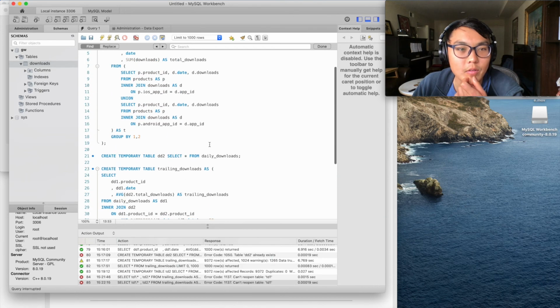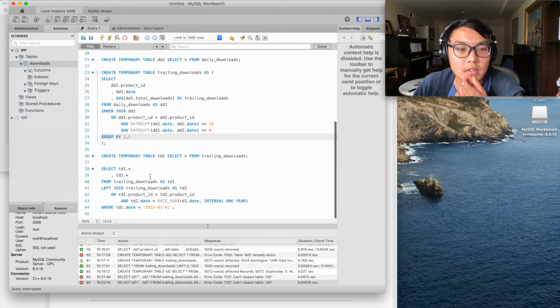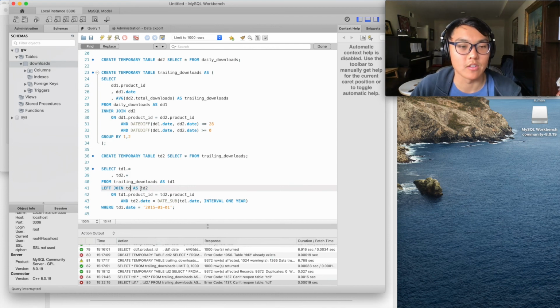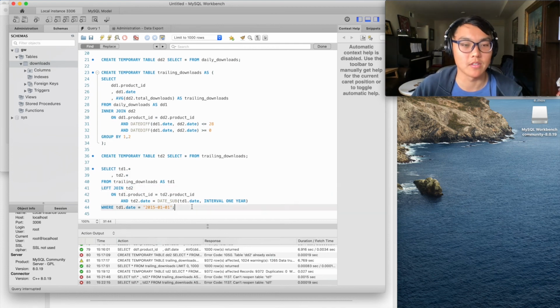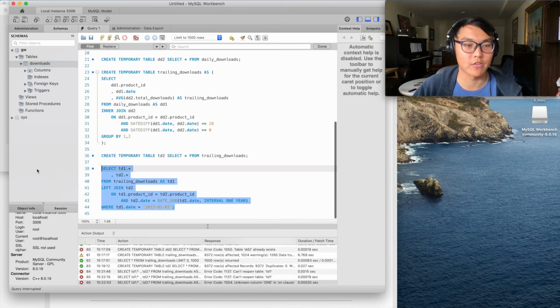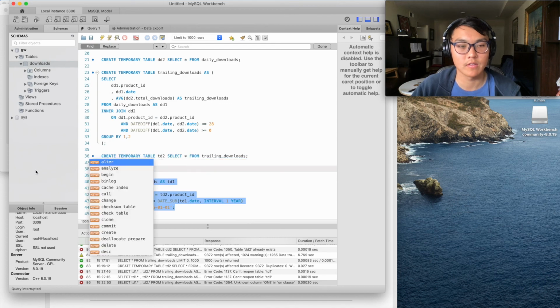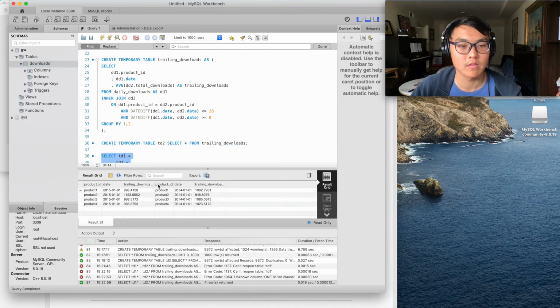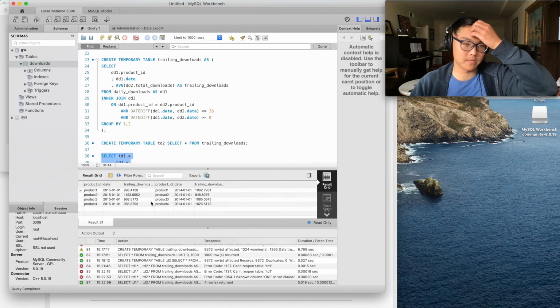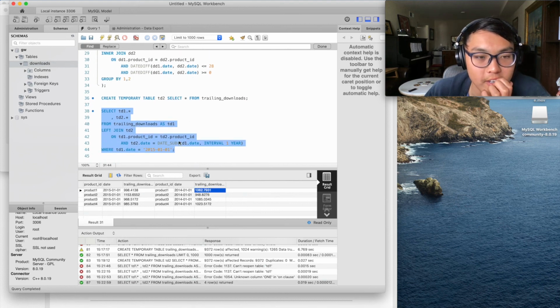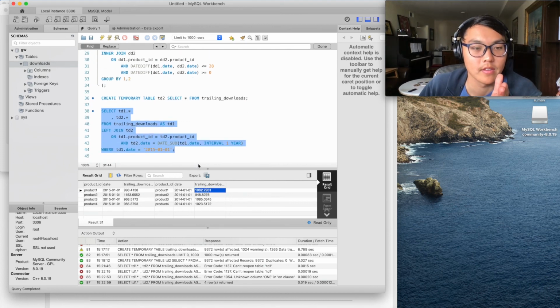Is it because I can't reference the name twice? I mean, I didn't. Oh, gotcha. So it's this one right here. We actually created a temporary table called TD2, and I just tried to reference it again. Okay, so let's see if this worked. Yep, 2014, and that's the value. Great, cool. I believe this worked.